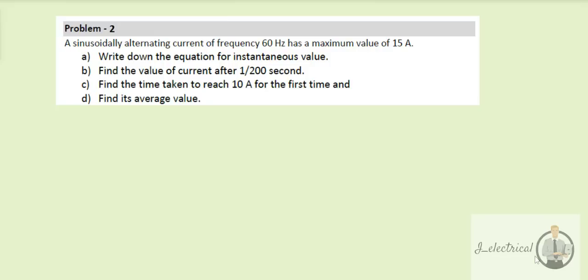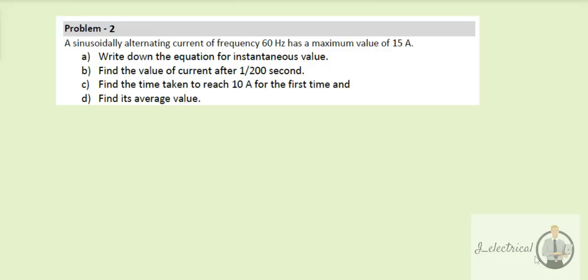Second, you need to find the value of current after 1 by 200 seconds. Third, you need to find the time taken for the current to reach 10 amperes for the first time. And finally, you have to find out the average value. Let us find out the solution for this problem.